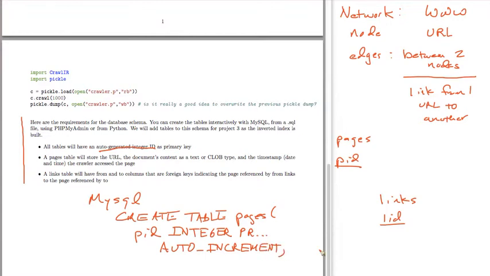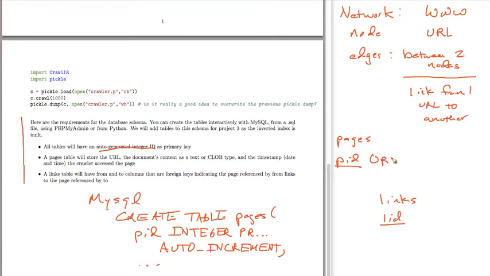And so what that means is every time we insert a row, we don't have to specify a value for the primary key, but instead it will start at a given value, and we have control over that, but if we don't specify it, it defaults to 1, I think, and it will update every new row it puts in. It will add 1 to the previous value, so it manages all of that for us. So that's all we have to do to define that column.